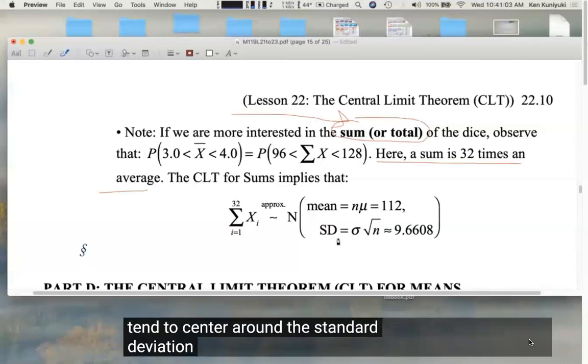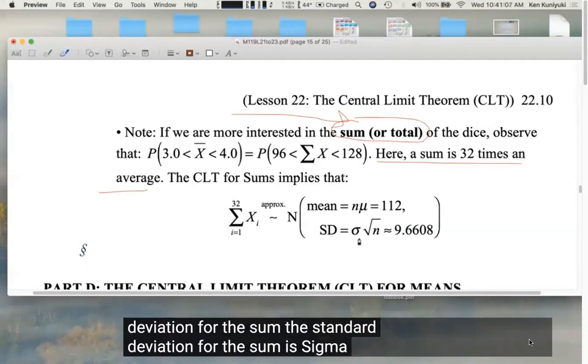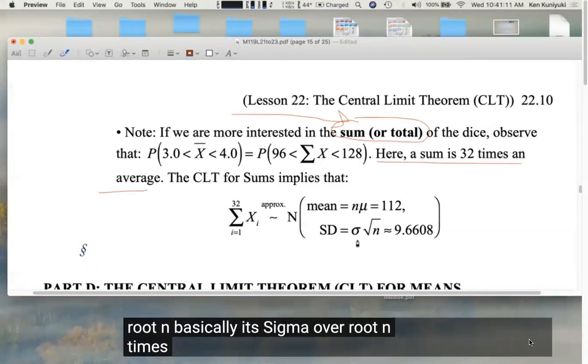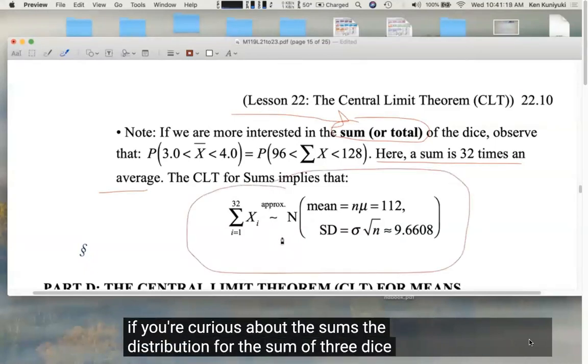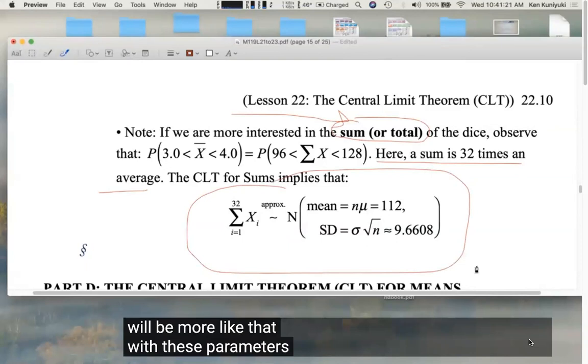The standard deviation for the sum is sigma times root n. Basically, it's sigma over root n times n. That's about 9.7. So if you're curious about the sums, the distribution for the sum of 32 dice will be more like that, with these parameters. Again, don't worry about this for the homework.